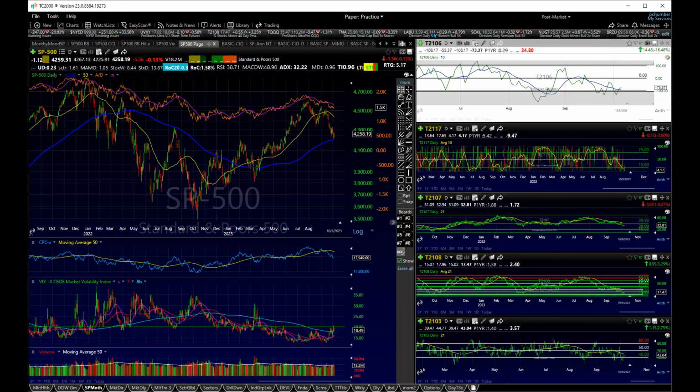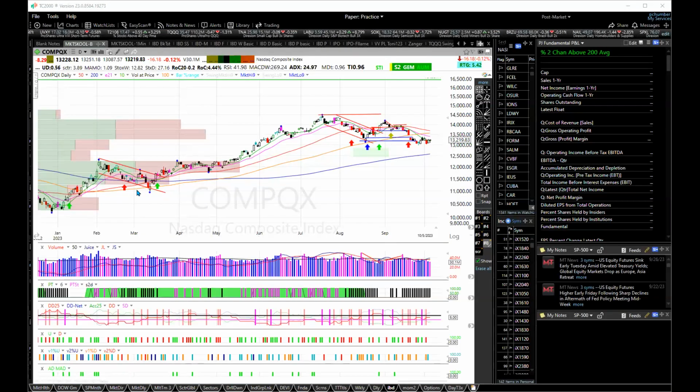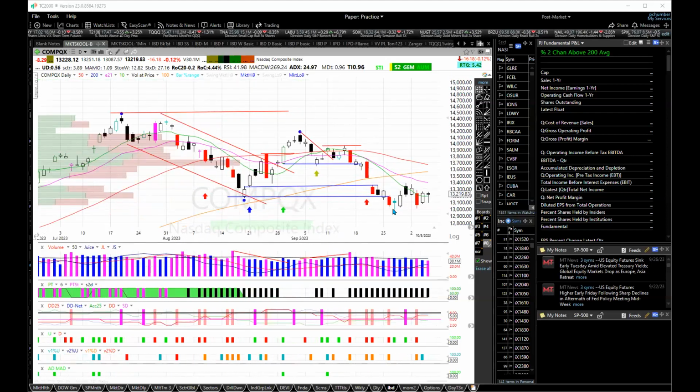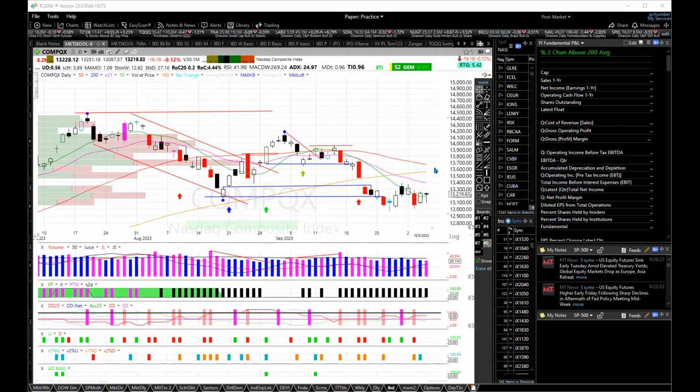So let's finish up by taking a look at the Nasdaq, and then we'll come back out for a second. We're still looking for that follow-through day. Today was a slightly positive day in the sense of the chart, the candlestick pattern, although we did finish slightly lower than yesterday's close.